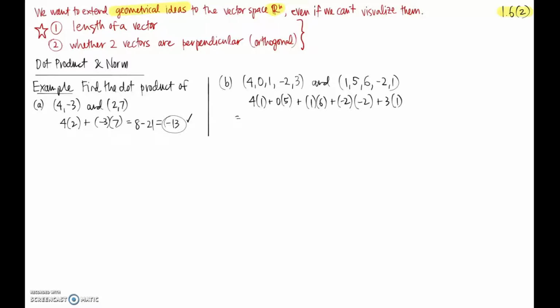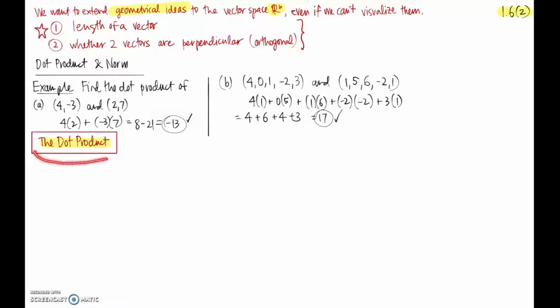And let's see, that's equal to 4 plus 0, which we won't write, plus 6, plus 4, plus 3. 4 plus 6 is 10, plus 7 is 17. So those two vectors give us a dot product of 17. So this operation, whatever it is, dot product, it takes two vectors and it yields a real number. And those two vectors can be in any dimension.